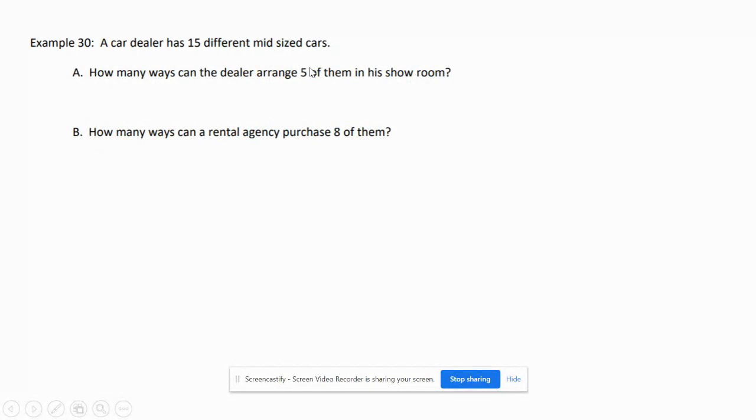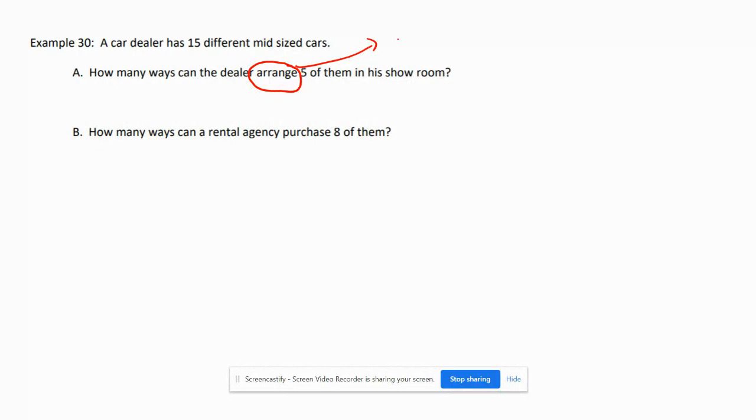Okay, a car dealer has 15 different mid-size cars. So part A, how many different ways can the dealer arrange 5 of them in his showroom? Okay, so the reason why I like putting this example here is, arrange.